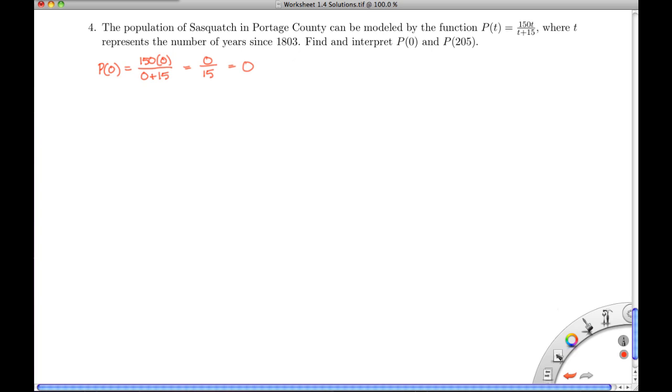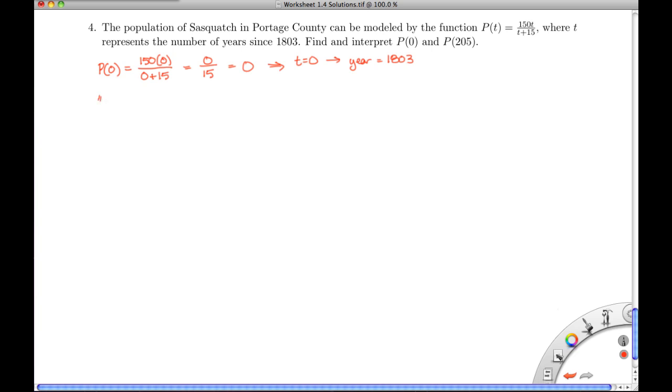Well, this is telling us that if we have a t of 0, it implies that 0 years have passed since 1803. So the year is going to be equal to 1803, and then normally we'd add whatever t was, but in this case it's 0, so the year is 1803. And since the output of this function is 0, this is telling us that the population is 0 in this particular year.